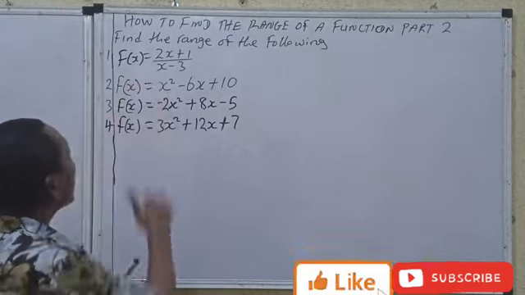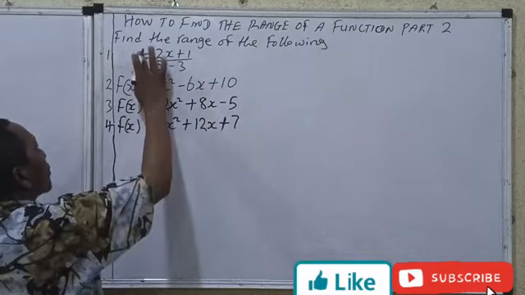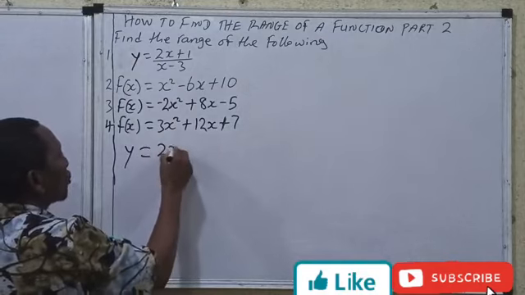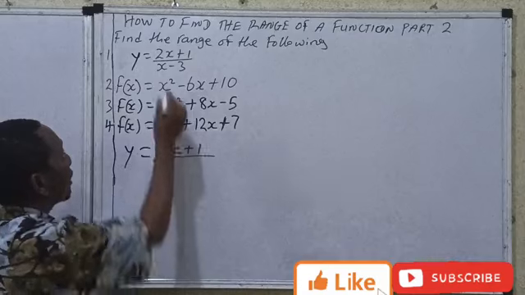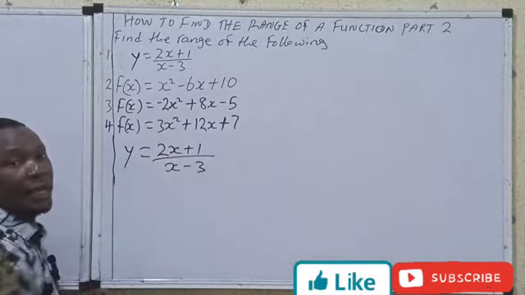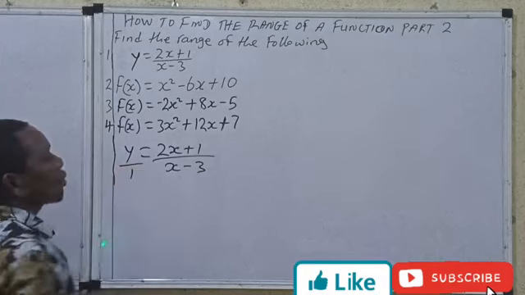So let's solve this. In place of f of x, I'll always be replacing it with y, since it's the same thing. So we now have y is equal to 2x plus 1 all over x minus 3. Now what you just need to do is make x the subject of formula. So how do you do that? Put this over 1.